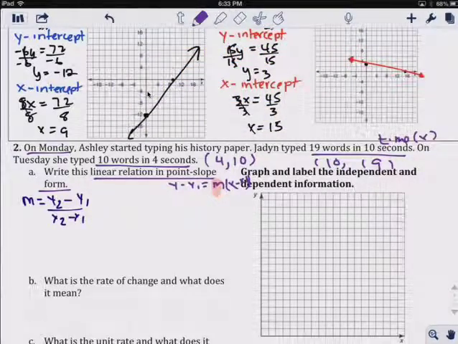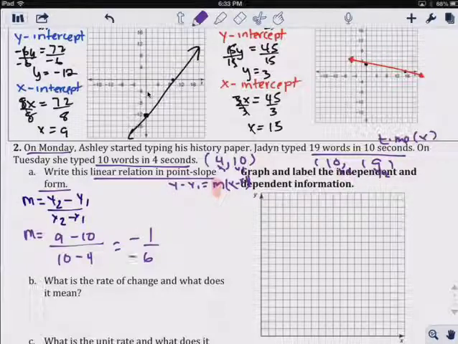So we have m equals y2 minus y1, that's 9 minus 10, over x2 minus x1, 10 minus 4. That gives you negative 1 over 6.